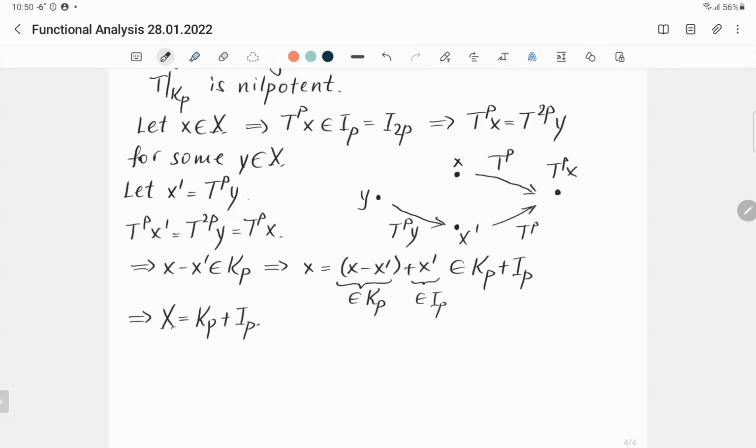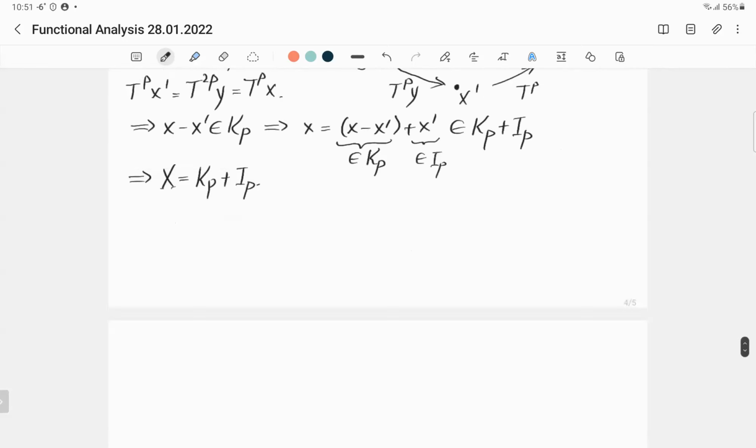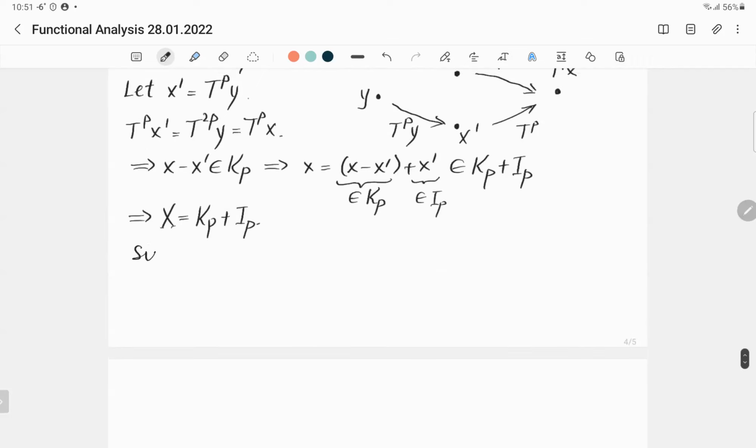Okay, let's now show that this is actually the direct sum. That is, the intersection of Kp and Ip is 0. So suppose now that little x sits in the intersection of Kp and Ip.